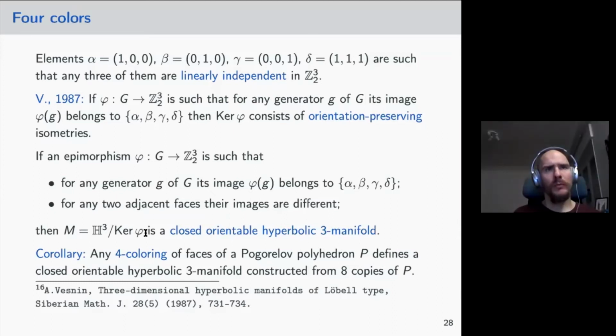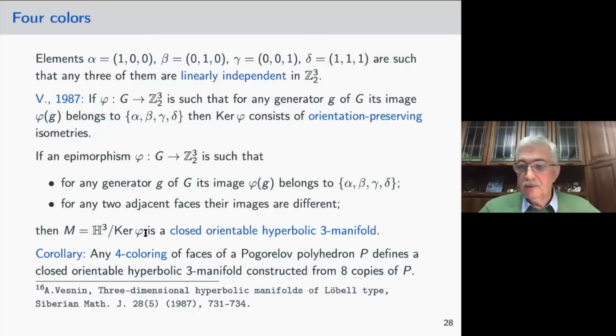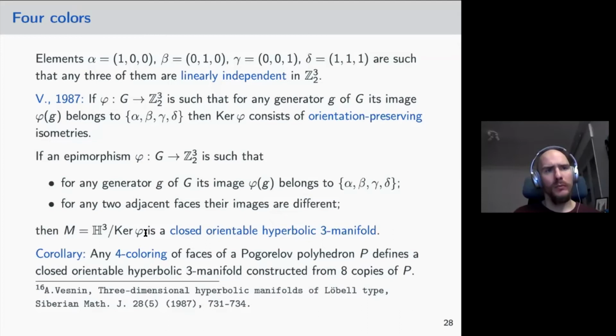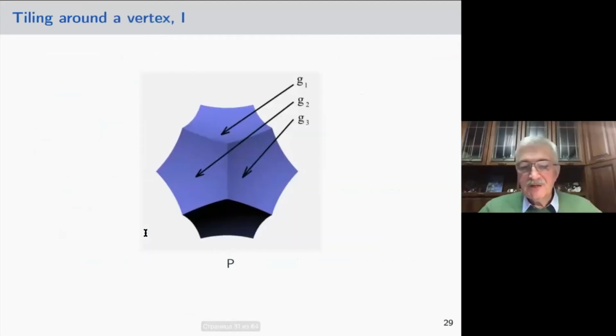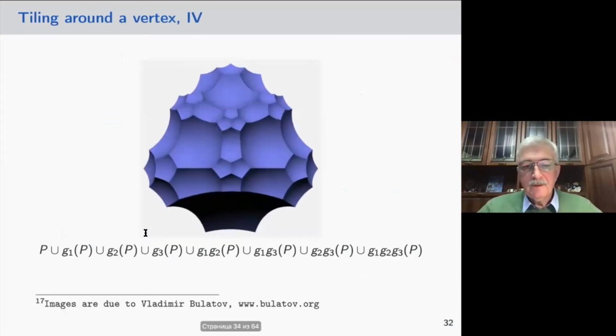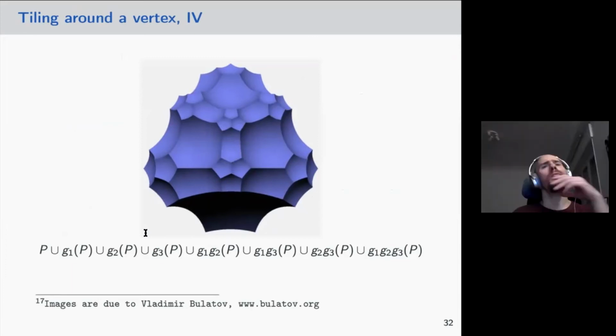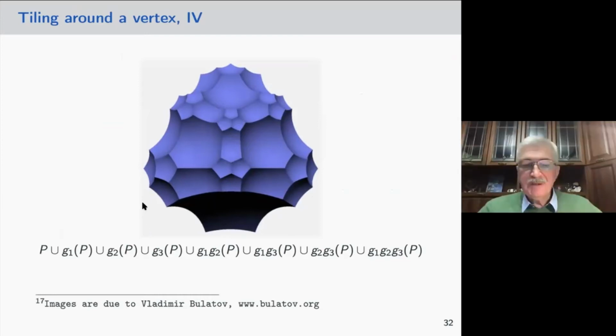So our manifold will be glued from 8 copies of the original dodecahedron, for example. I just want to illustrate how you can start gluing. Firstly, you obtain a union of 8 copies. And after that, by the coloring, you define the gluing of faces in pairs. So you obtain this polyhedron, and depending on the coloring, you will get different gluings of faces of this polyhedron. And finally, you get a quotient space, which is a manifold.